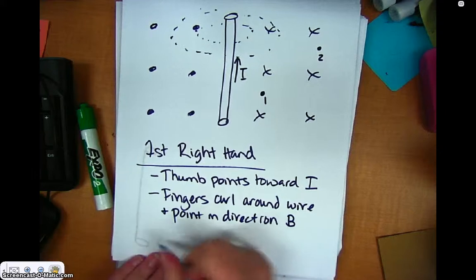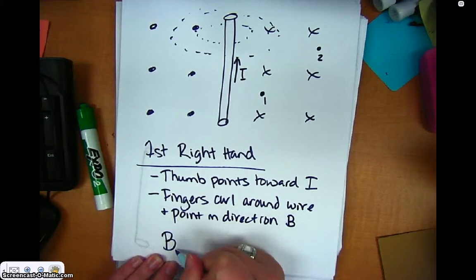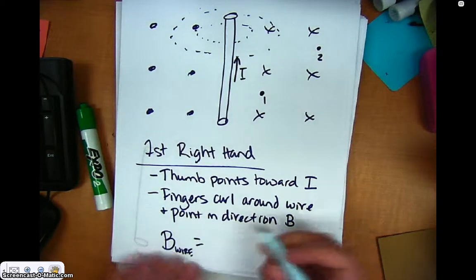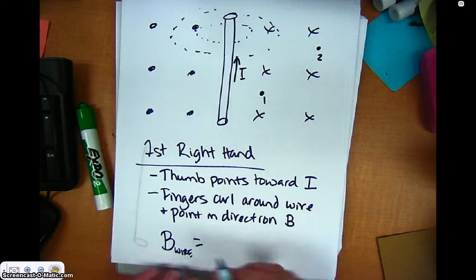So the equation for calculating the magnetic field around a wire carrying a current, which we learned in the last video was B for Teslas, is equal to, now there's a weird sort of constant that comes before it.